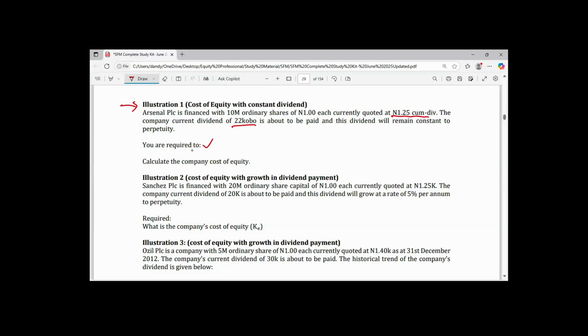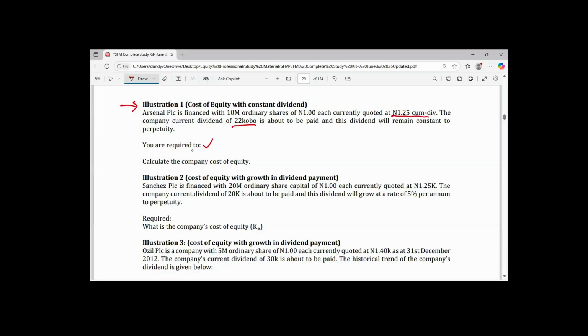Now, the examiner is asking you to calculate cost of equity. Before you put your pen to paper, you must ask the question: what kind of cost of equity do I want to calculate? Is it cost of equity using dividend valuation model, capital asset pricing model, or Miller and Modigliani formula?